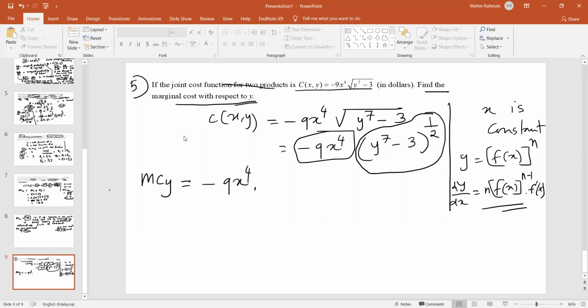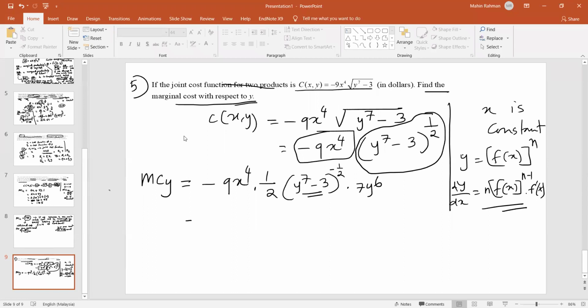So you bring half in front, write y^7 minus 3 to the power half minus 1, which is minus half, then multiply by the derivative of that function. The derivative will be 7y^6, and the derivative of 3 is 0. So it will be 7y^6.